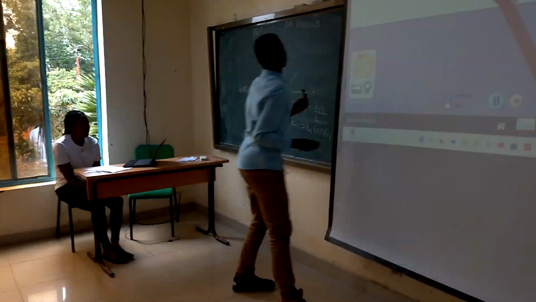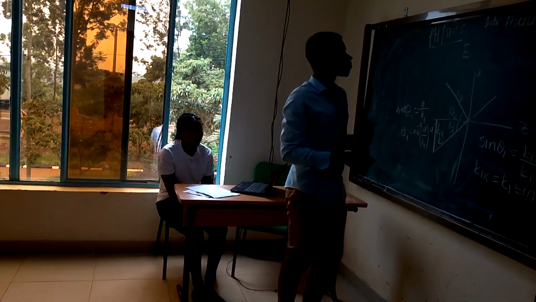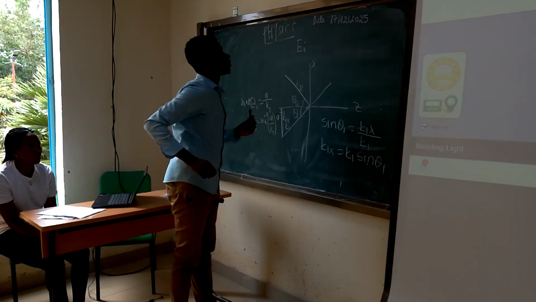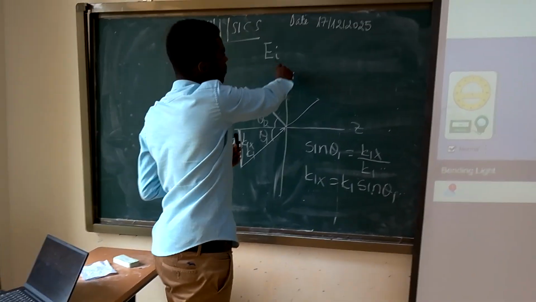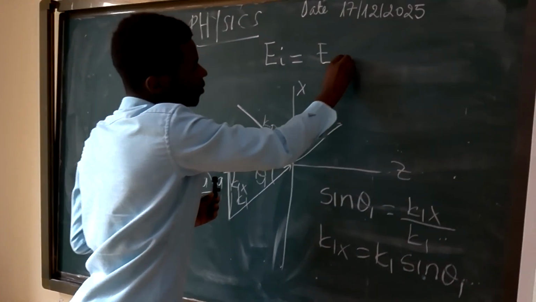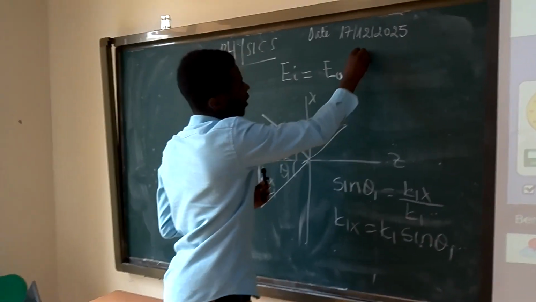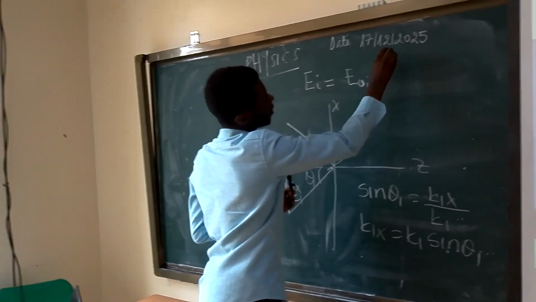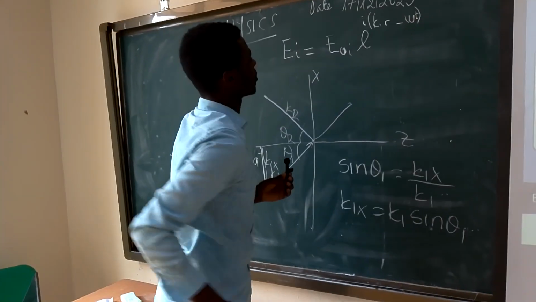And remember, we are dealing with waves. This one you can represent as the electric field of the incident wave, which is equal to the amplitude of the incident, times exponential i(k·r − ωt).